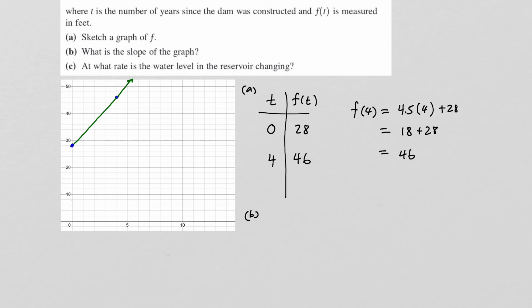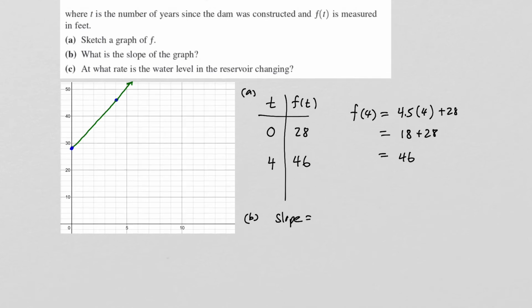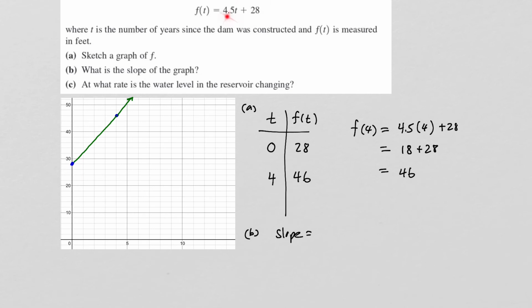Part B: what is the slope of the graph? Well, the slope is the coefficient of the independent variable, which in this case is 4.5, as we mentioned. And part C says, at what rate is the water level in the reservoir changing? Well, the rate of change for a linear function is the slope.